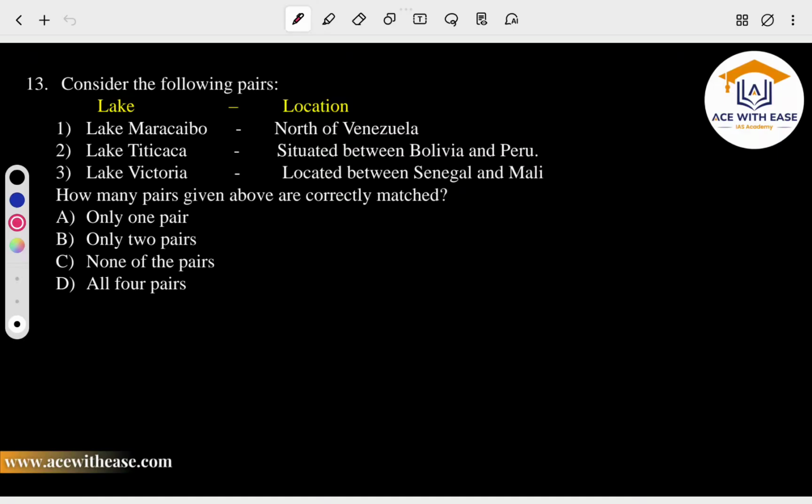Then 13. Consider the following pairs of different lakes. Lake Maracaibo is present in the north of Venezuela, which is a correct statement. Lake Titicaca is present between Bolivia and Peru, also a correct statement. Lake Victoria is present between Kenya, Uganda and Tanzania.